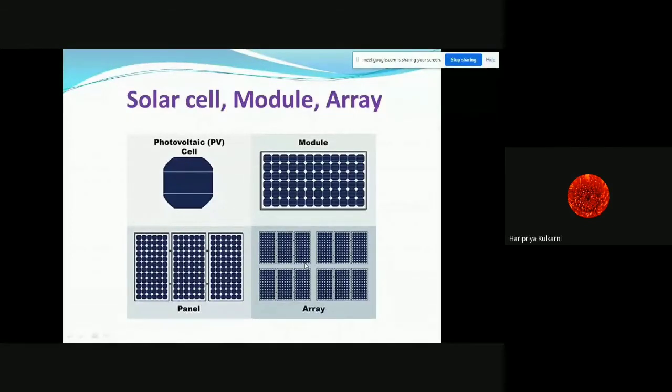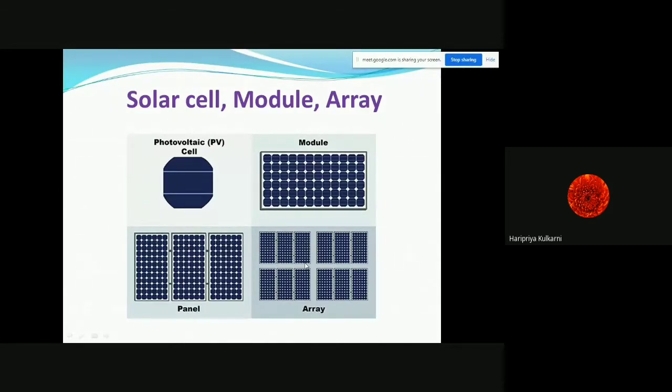Or actually, we decide the number of modules or panels depending upon the available area within which we can have a solar farm. And depending upon that, our generation capacity is decided, depending upon how many panels we are able to connect in series or parallel. Okay, so it is very simple.